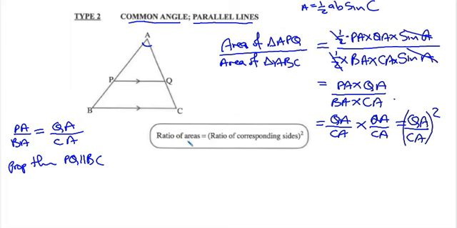That's what we have here, ratios of areas equal to the ratios of the corresponding sides squared. So here we replaced this one. You could also replace the second one by writing PA over BA, so it's also going to give you PA over BA all squared.